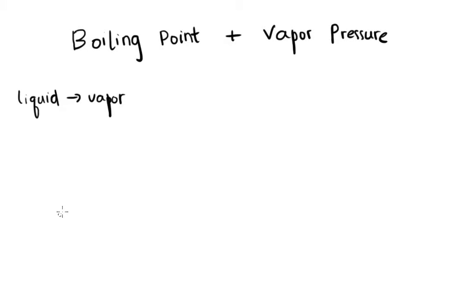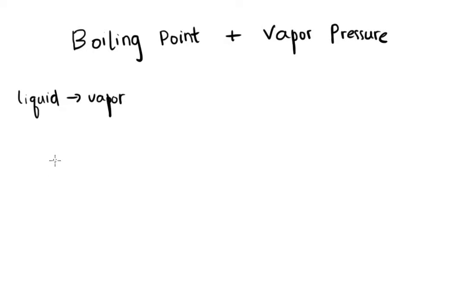Now the relationship with intermolecular forces is actually pretty logical. When you have liquids that are really strongly cohesive, so they have high intermolecular force, it's going to be harder for the molecules of liquid to break free and become gas molecules, right?